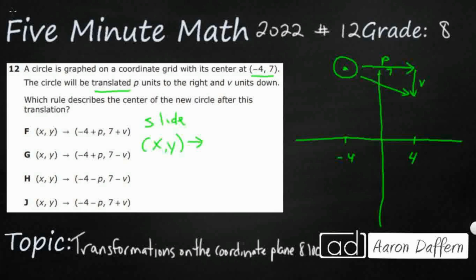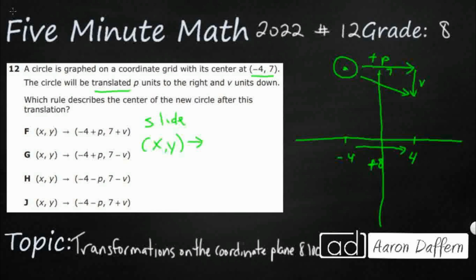Well, we are going to either add or subtract p. If you're thinking of a number line, when you move to the right on a number line, you are going to add. So in this case we would have added 8, since we're just guesstimating, just to put some numbers here. But that's how you would get from -4 to +4.